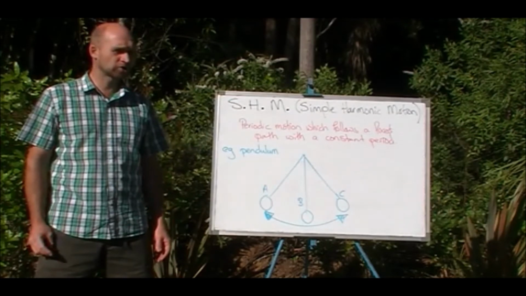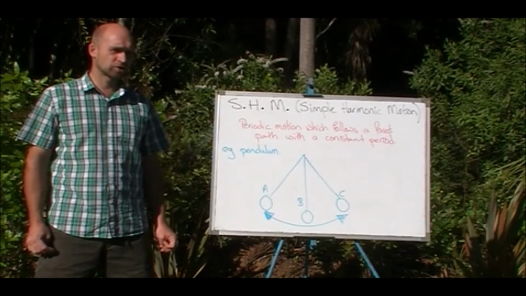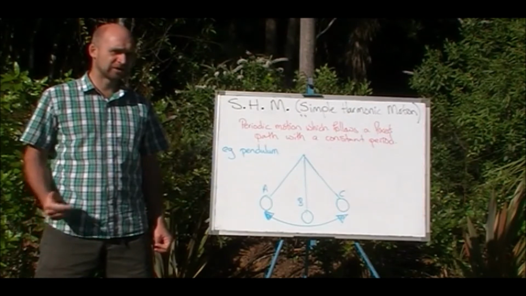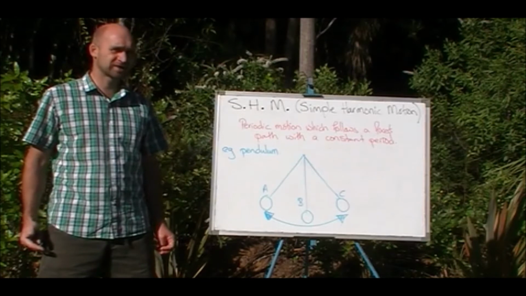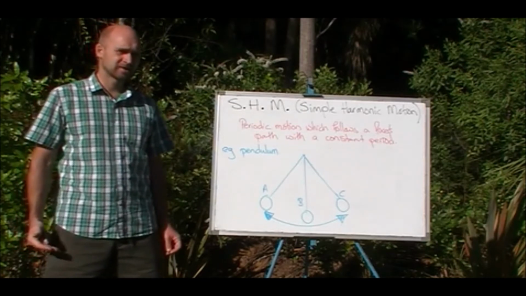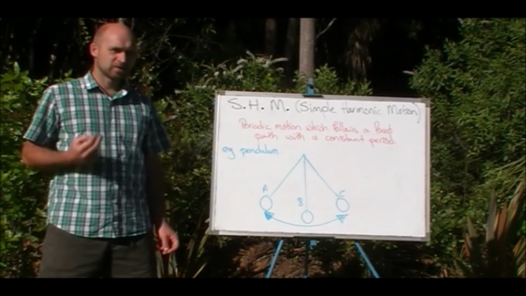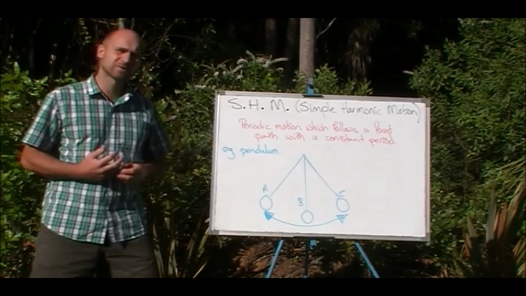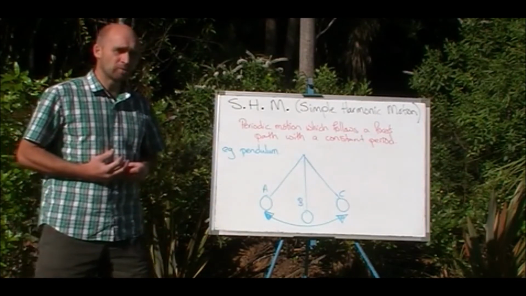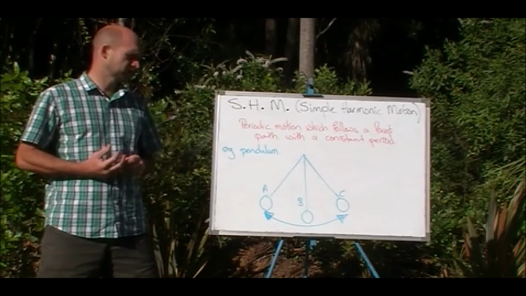Now what I want you to do is to consider what do we know about the three important quantities of motion: displacement, velocity, and acceleration at each of those points, A, B, and C. Displacement being how far is that pendulum bob from its equilibrium position.